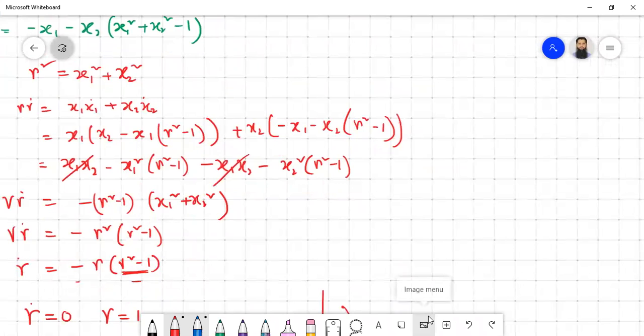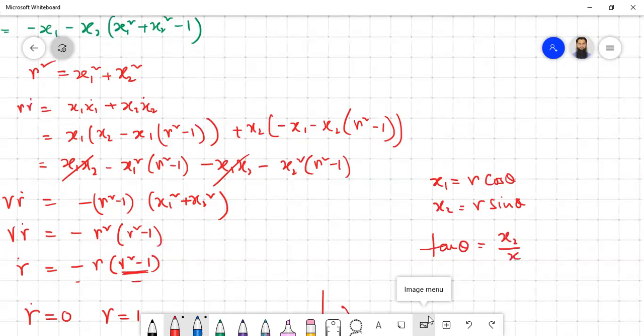Okay, so as we said, x1 equal to r cos theta, and x2 equal to r sin theta. So tan theta is basically x2 by x1.